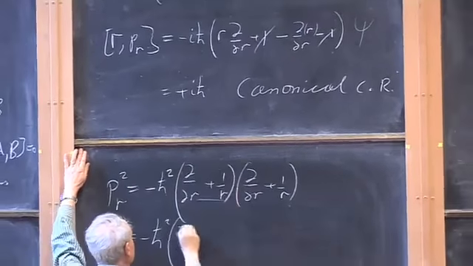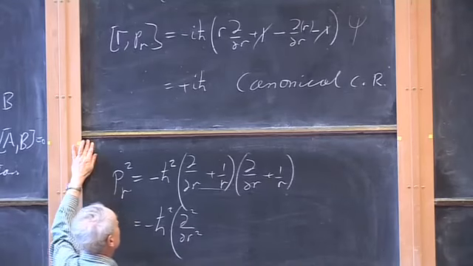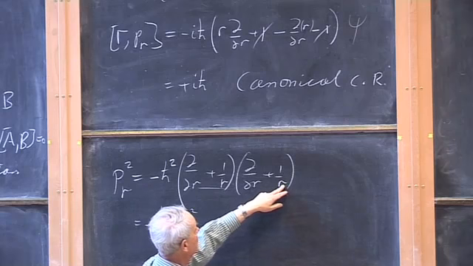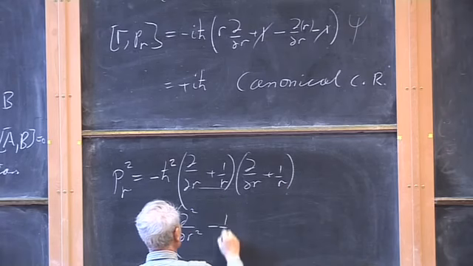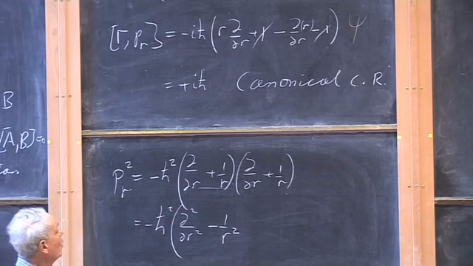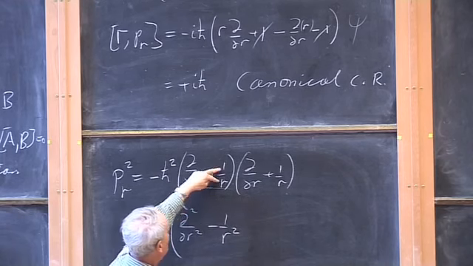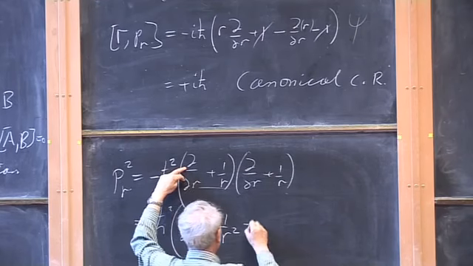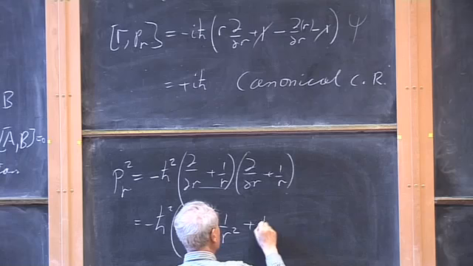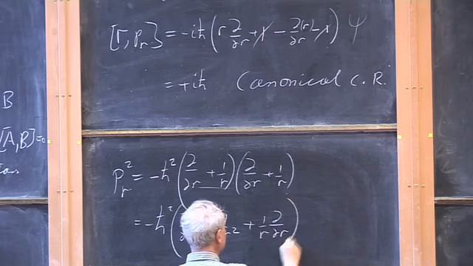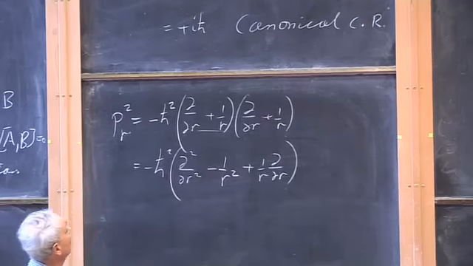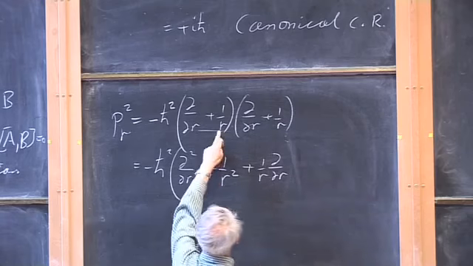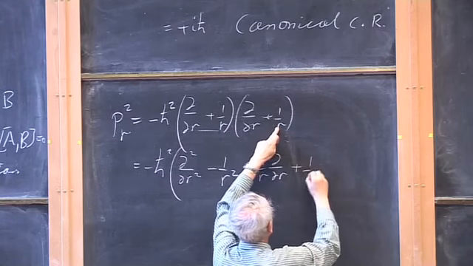Obviously, d by dr on d by dr is d2 by dr squared. This differential operator will differentiate that and produce a minus 1 over r squared. We will otherwise get a 1 over r d by dr and also a 1 over r d by dr, so we'll get 2 of 1 over r d by dr. And I also get this thing on this thing, which is a plus 1 over r squared.